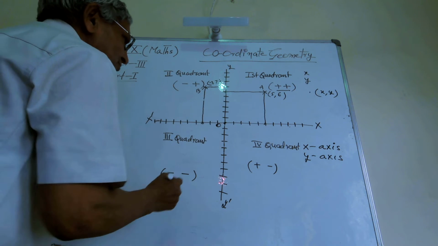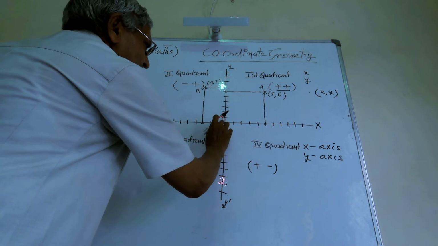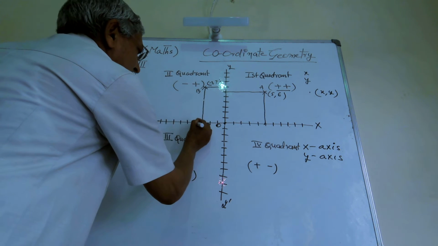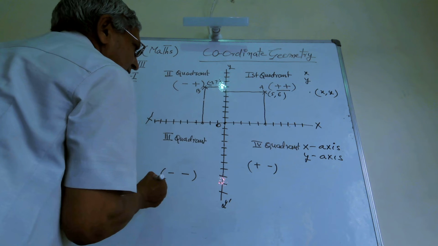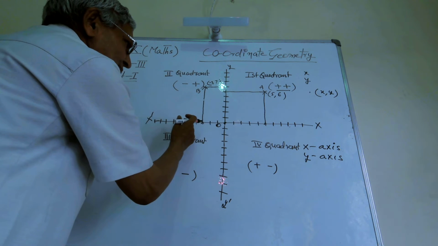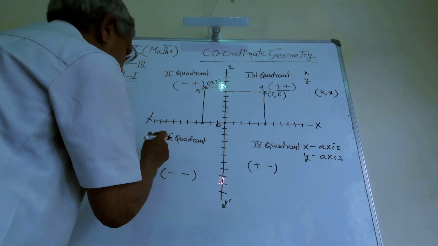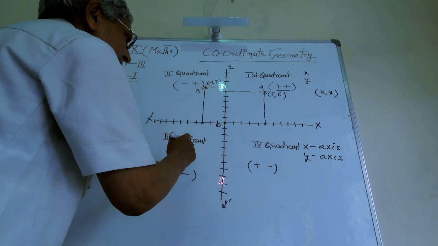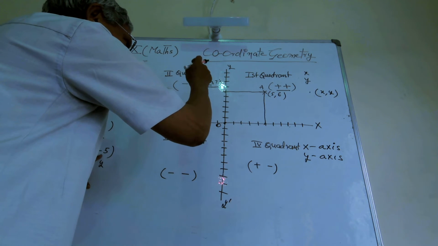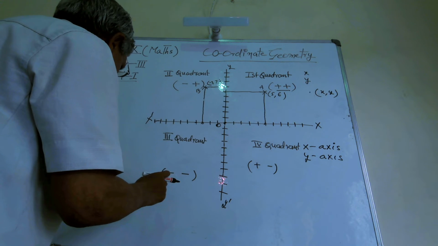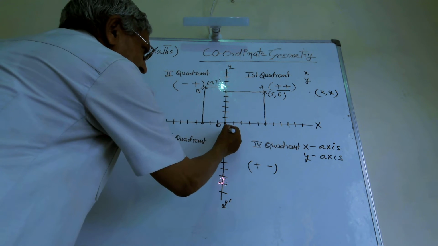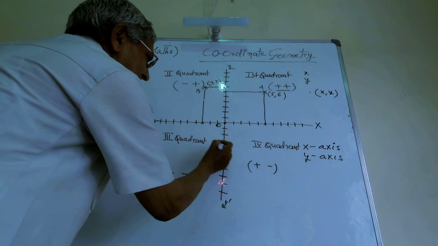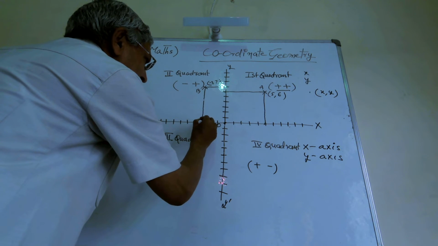X is equal to -4. Start from O: 1, 2, 3, 4. -4 here. Because X is negative, you have to move to the left hand side. And Y is -5. On the upper side, y is positive. On the downside, Y is negative: 1, 2, 3, 4, 5. This is Y. And find the perpendicular distance.